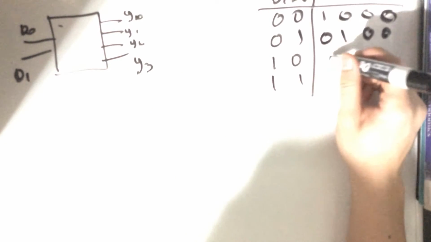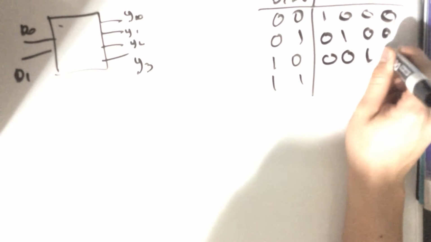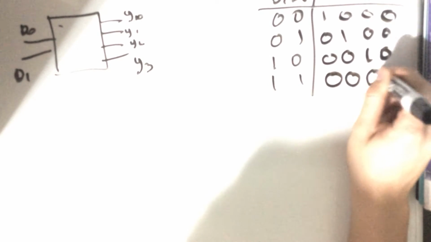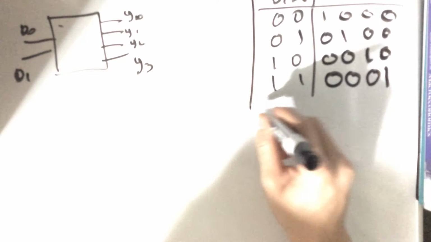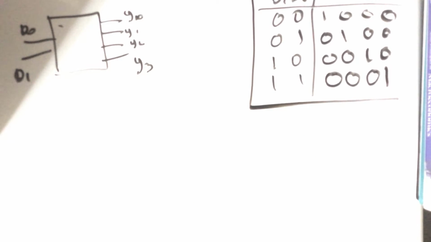Continuing, we'd have 0, 0, 1, 0, and 0, 0, 0, 1. And that is the truth table for our 2 to 4 decoder, 2 input, 4 output.